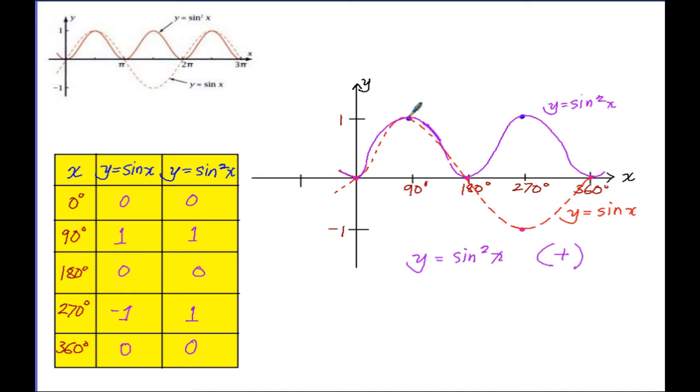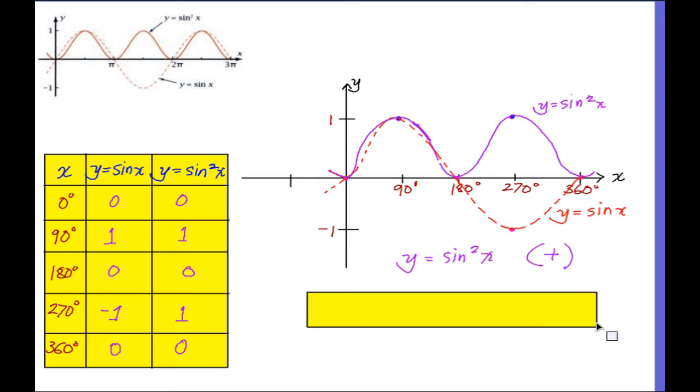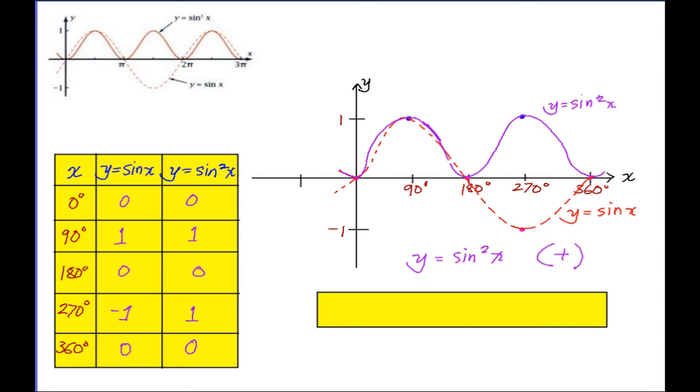If we use a calculator and add together the squares of both functions, sine squared of x plus cosine squared of x, the answer is always 1.